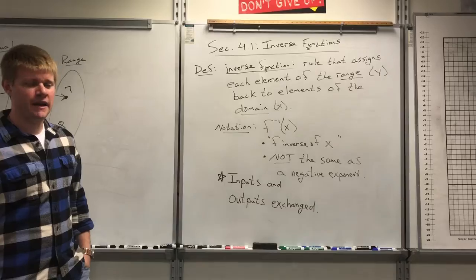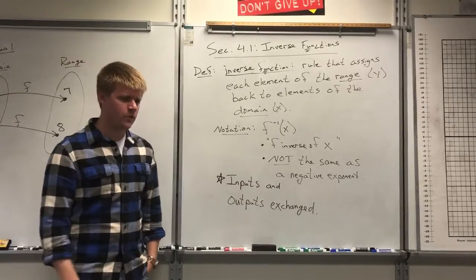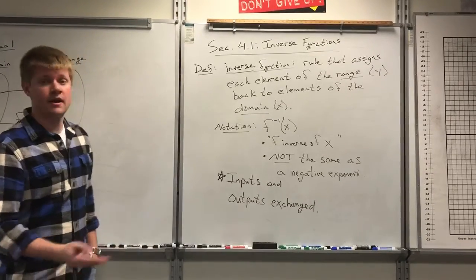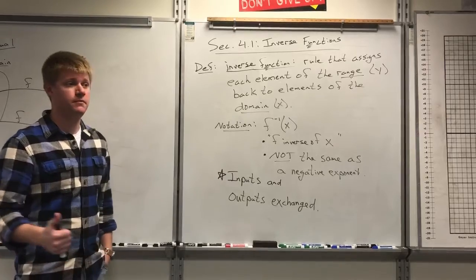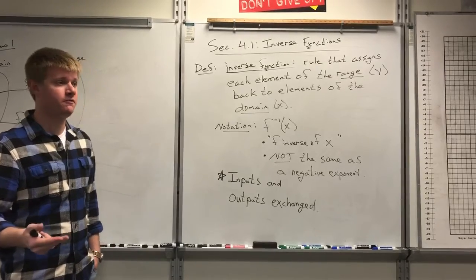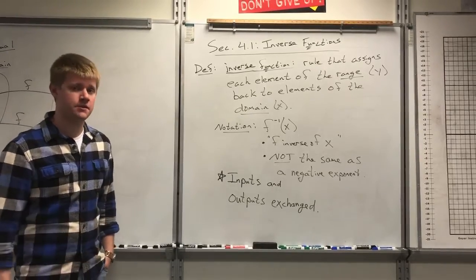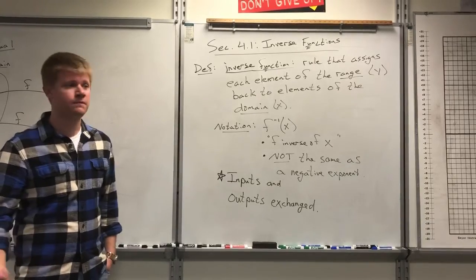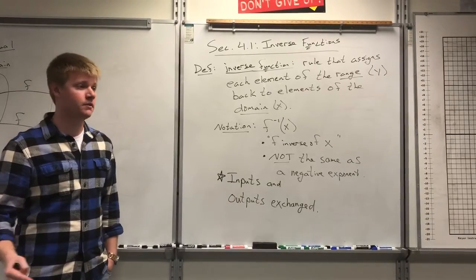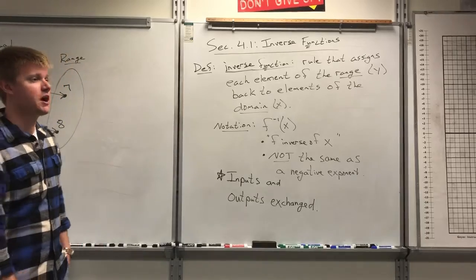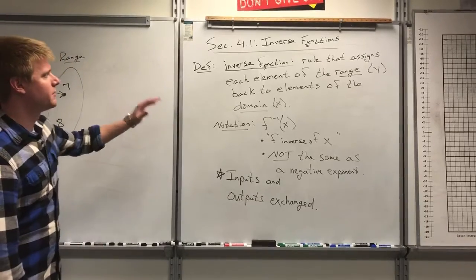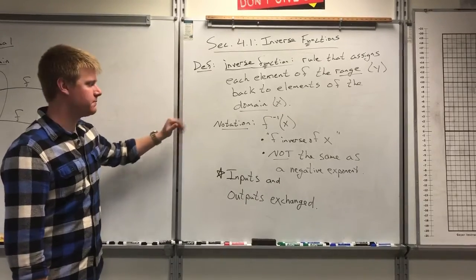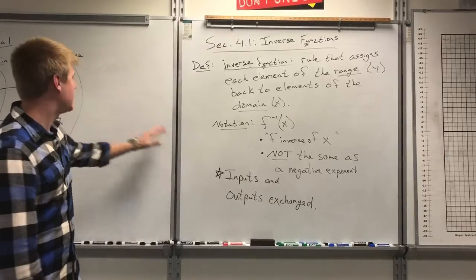A big idea in math: when we learn a process, we learn how to undo a process. If I learn how to double distribute or FOIL, I then learn the opposite, which is to factor. I can square something, I can take its square root, and those are opposites of one another. So for the inverse of a function, I would take a pause and jot down the key information on both boards.